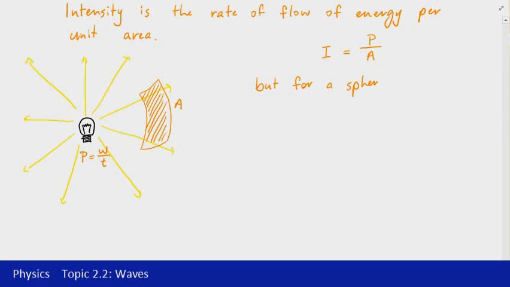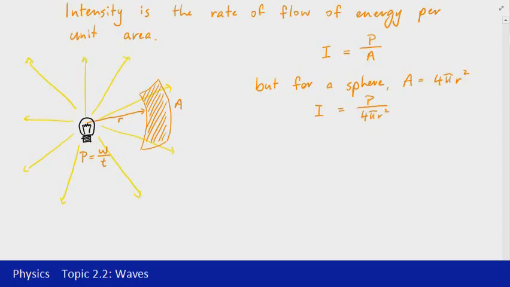So like I said, we're only looking at a section of the sphere there, but for a sphere the area is given by 4 pi r squared. And so we need to know what the distance is, or the radius, from that light source. So we can then identify that the intensity is equal to P over 4 pi r squared.